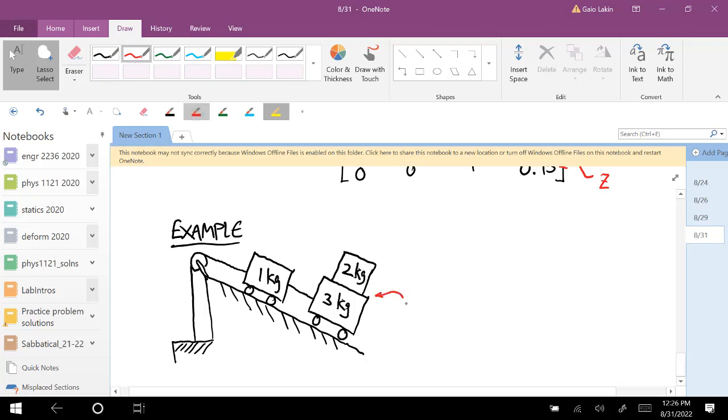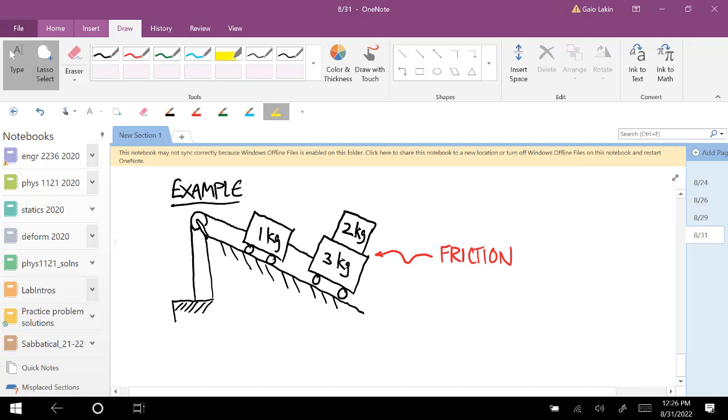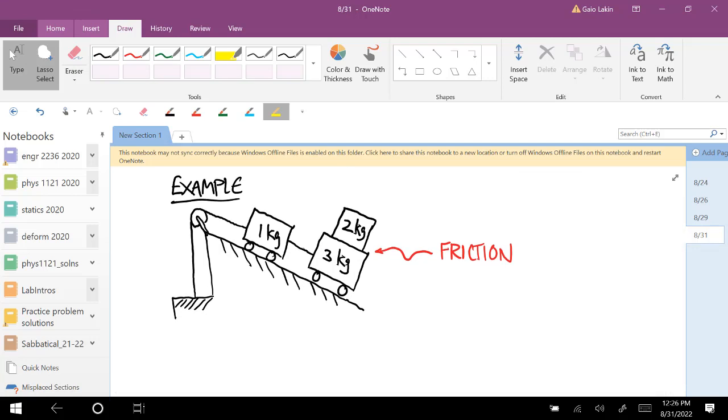And there's friction at the contact between the 2 and 3 kilograms. And we want to calculate the external loads on each of these masses.